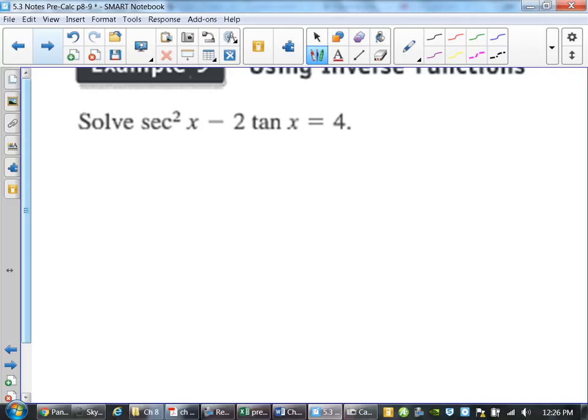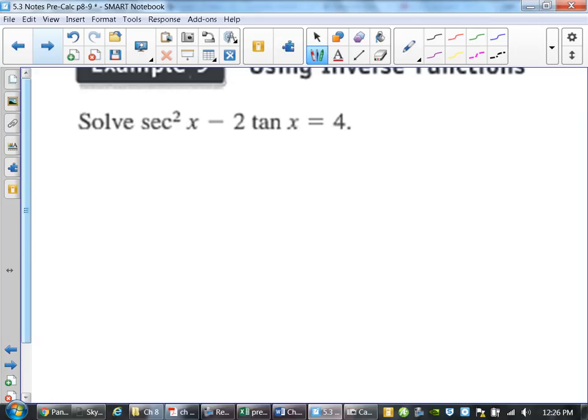So if you set this one through, you have secant squared x minus 2 tangent x equals 4. This is forcing you to use what Pythagorean identity? The tangent squared one with the secant.